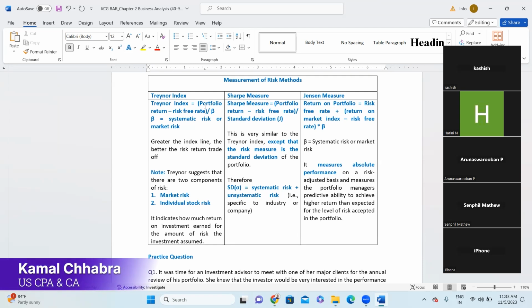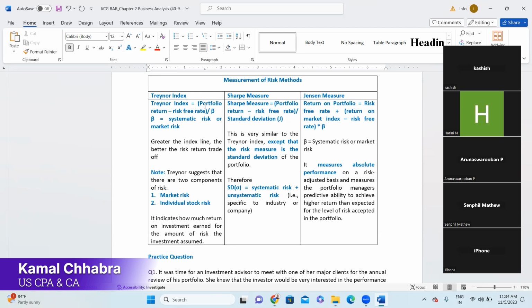So Treynor suggests that there are two components of risk. One is market risk, second is individual stock risk. Market risk is not in your control, stock risk is in your control, right? It indicates how much return on investment is earned for the amount of risk the investment assumed, right?